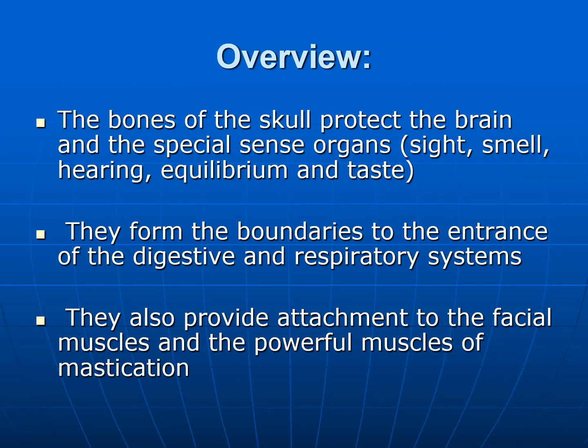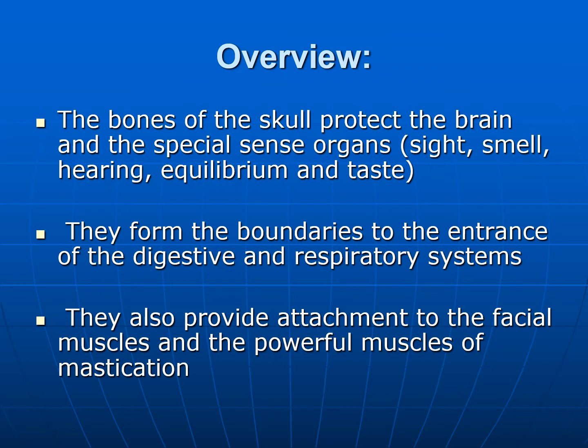The second thing, they form the boundaries to the entrance of the digestive and respiratory systems. As you know, the respiratory passageway of the nasal cavity is surrounded from outside by bones, and these bones protect and also set the boundaries for this entrance. And it's similar for the digestive system.